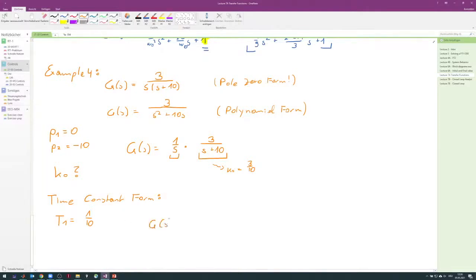So you write G of s is equal to 1 over s times, and here we're going to write our time constant form, 0.1 s plus 1. And now the question is, what goes here? Luckily there's no answer in the chat yet, so you need to think a little bit.